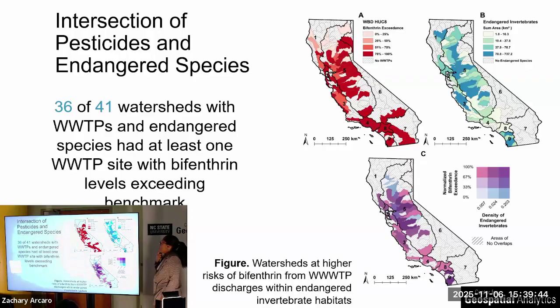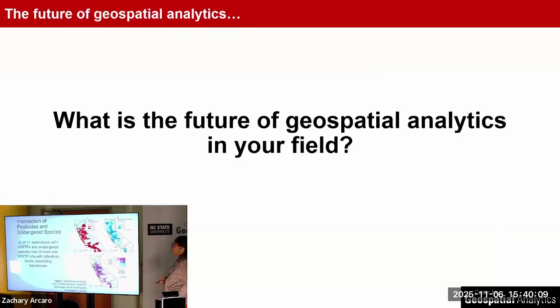And so we did some bivariate mapping to compare where we were seeing exceedances as well as how that overlaid with endangered species, and found that 36 of the 41 watersheds with wastewater treatment plants and endangered species had at least one site with bifenthrin levels exceeding the benchmark. And bifenthrin was the one that had the most exceedance overall.